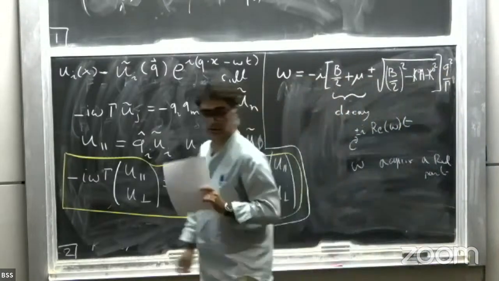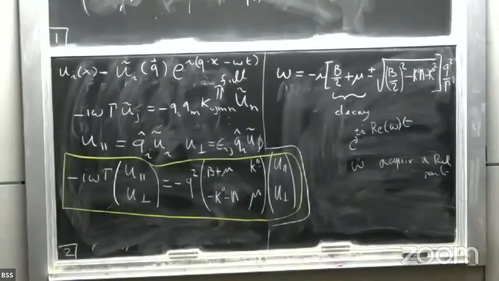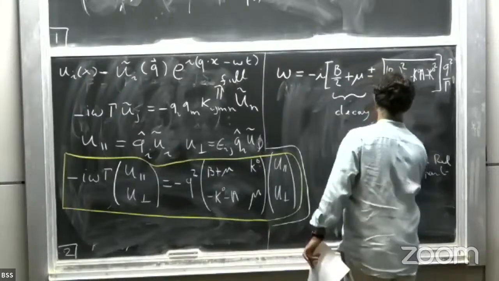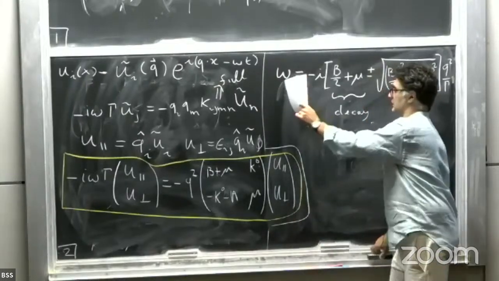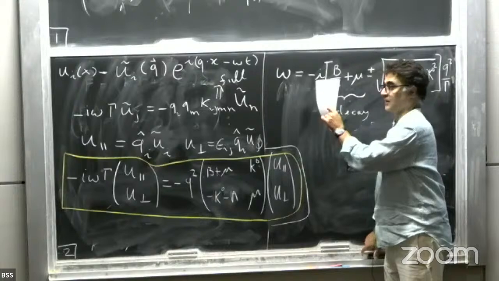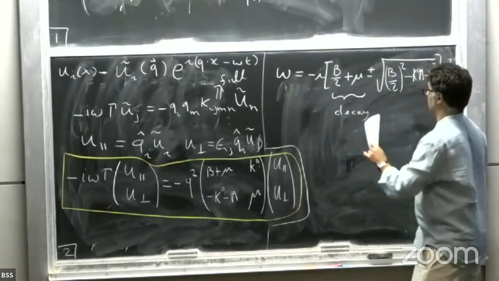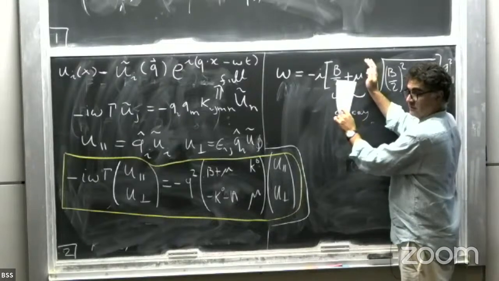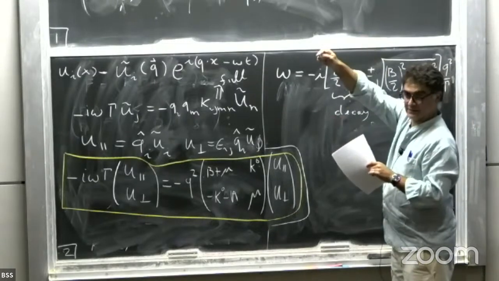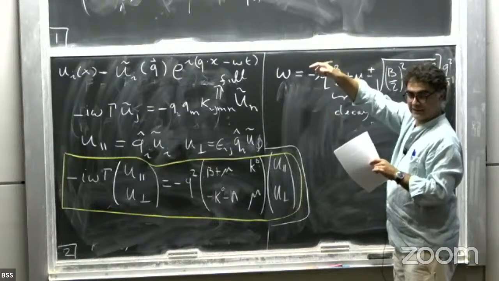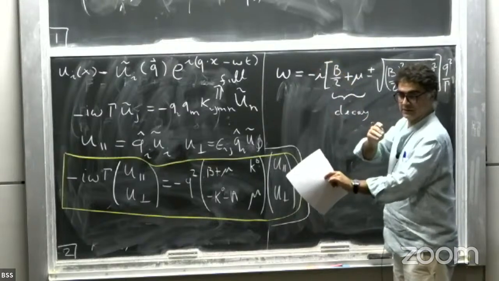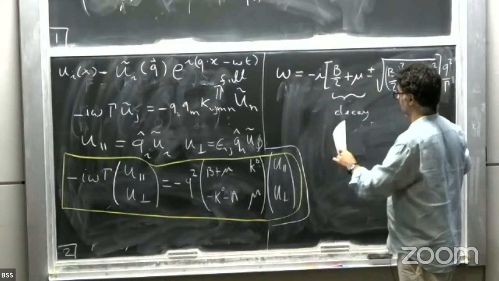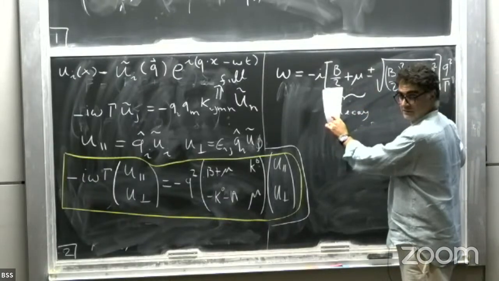Can you see what I'm doing? This object is complex. So if I put it into e to the i omega, it will give decay. If I want propagation, it has to be real.